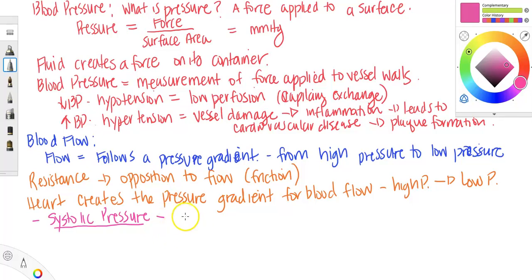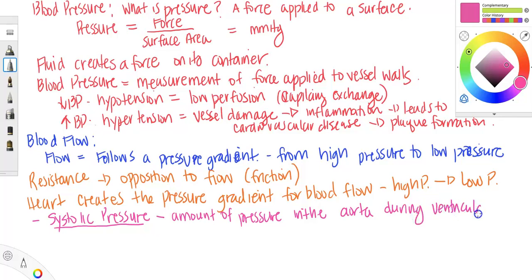And systolic pressure is the amount of pressure in the aorta during ventricular systole. Okay, so it's not the pressure in the heart, it's the pressure in the aorta during heart contraction, ventricular contraction.